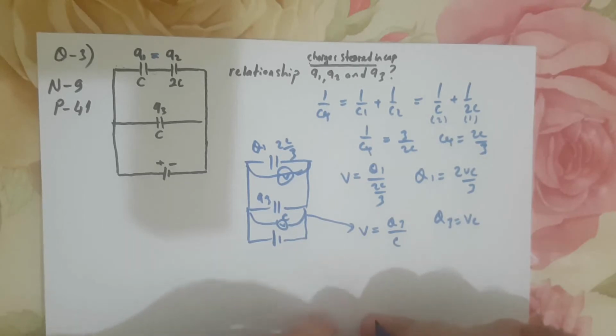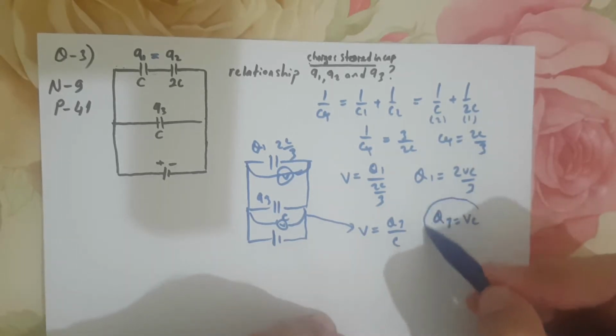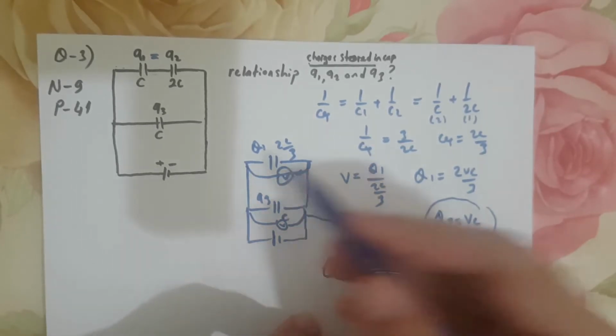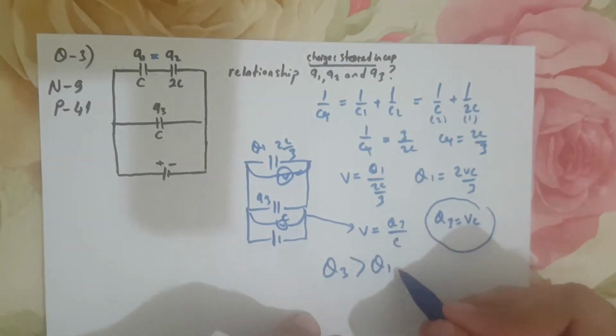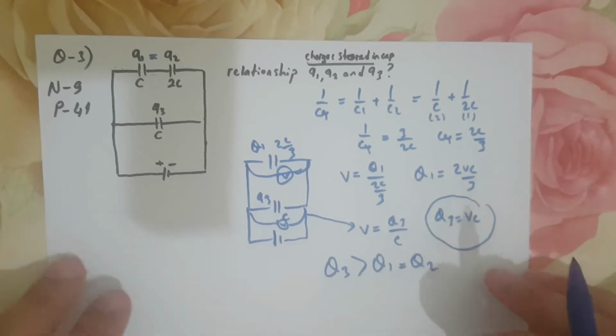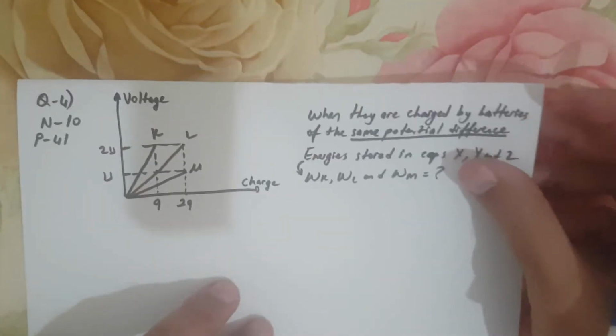Which one is bigger? Of course, this one is bigger. So we know that Q3 is bigger than Q1, and Q1 is equal to Q2. Okay, that is the relationship.